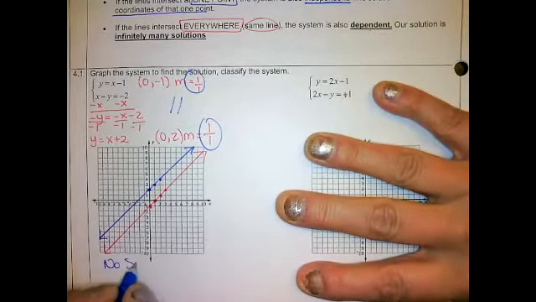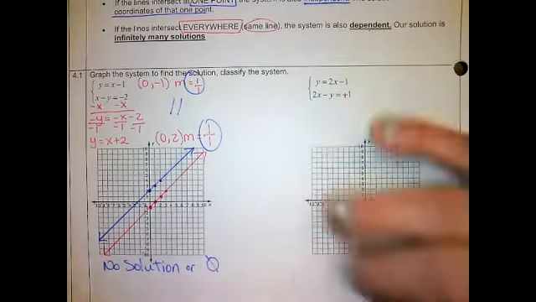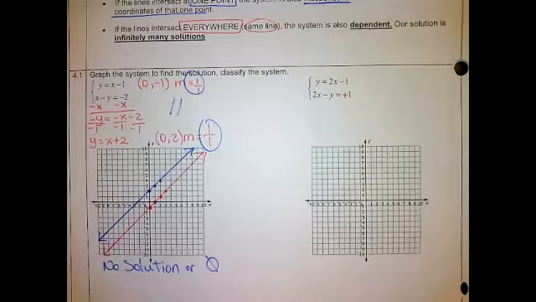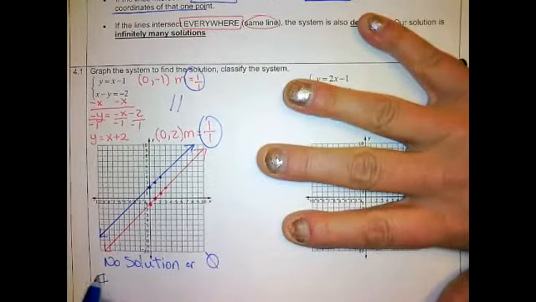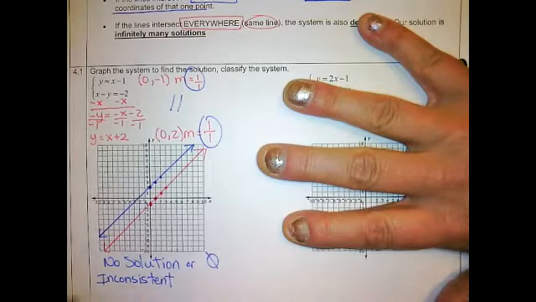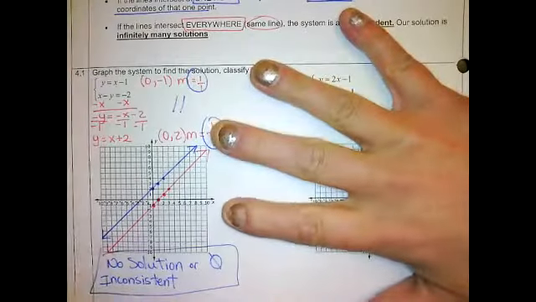So there's going to be no solution to this. They will never touch, or we can write our little symbol there. And then we need to classify the system. Anytime there's no solution, it is inconsistent. So that classifies the system, and those are our two answers right there.